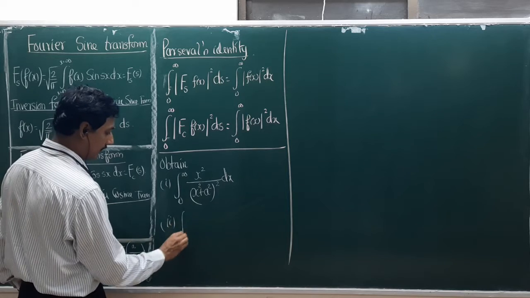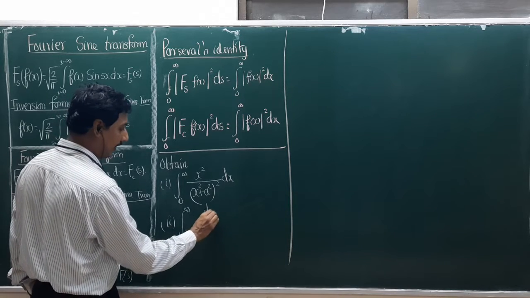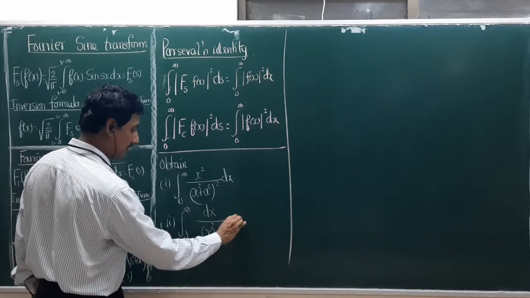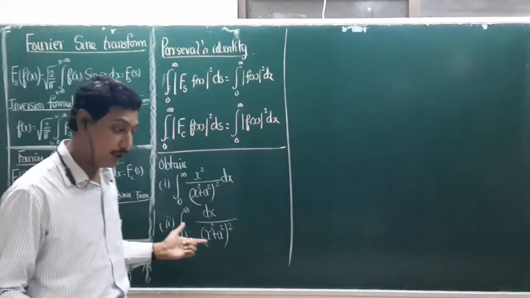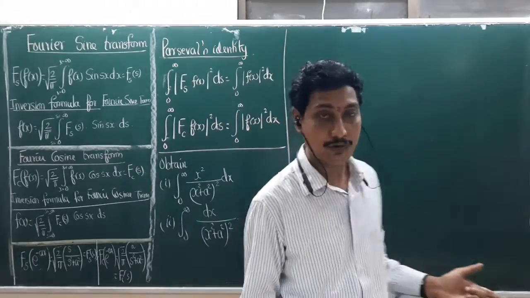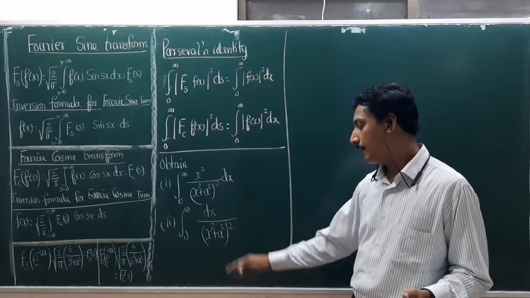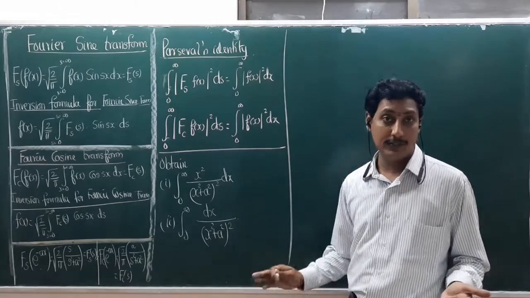And the second one: integral 0 to infinity of dx by x squared plus a squared to the whole square.